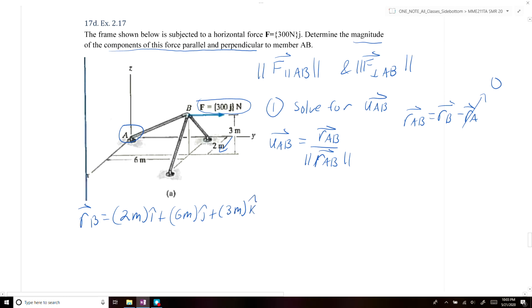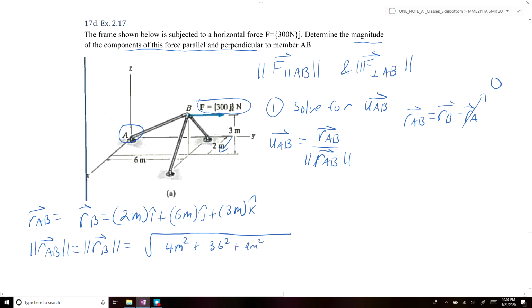Okay, so we know that RAB is equal to RB. The magnitude of RAB would be equal to the magnitude of RB, which is the square root of 2 meters squared plus 6 meters squared plus 3 meters squared. I'm just going to take the squares already, so that ends up being 49.